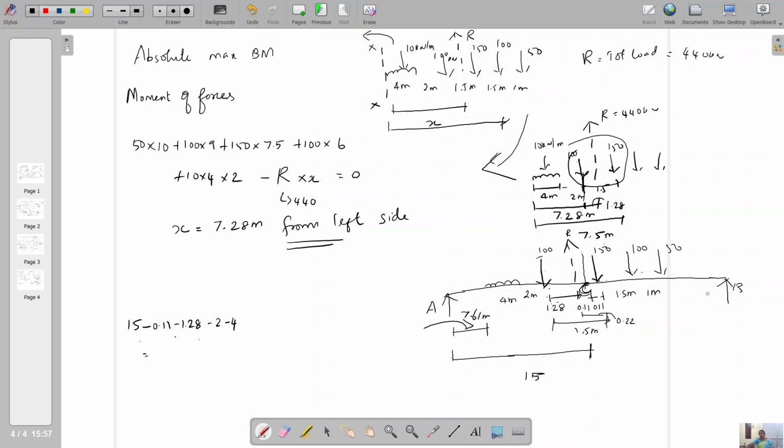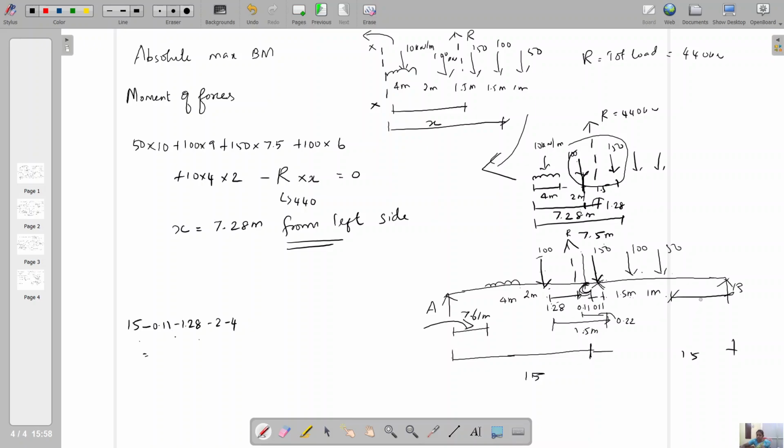So the absolute maximum bending moment should be calculated under the critical load after placement. So we need either the RA or RB value. This distance is also 15 meter. So we have to mark all the edge distances for our calculation. 15 means again you have 0.11 here, and 1.5 and 1.